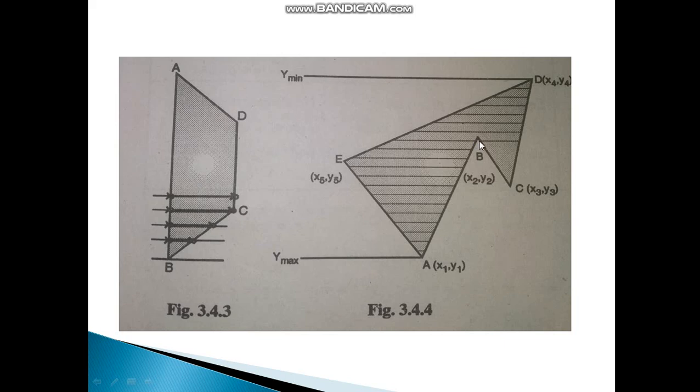This edge is discarded, then the next edges are ED and CD. Up to this point everything is similar to a convex polygon. This is the convex polygon.